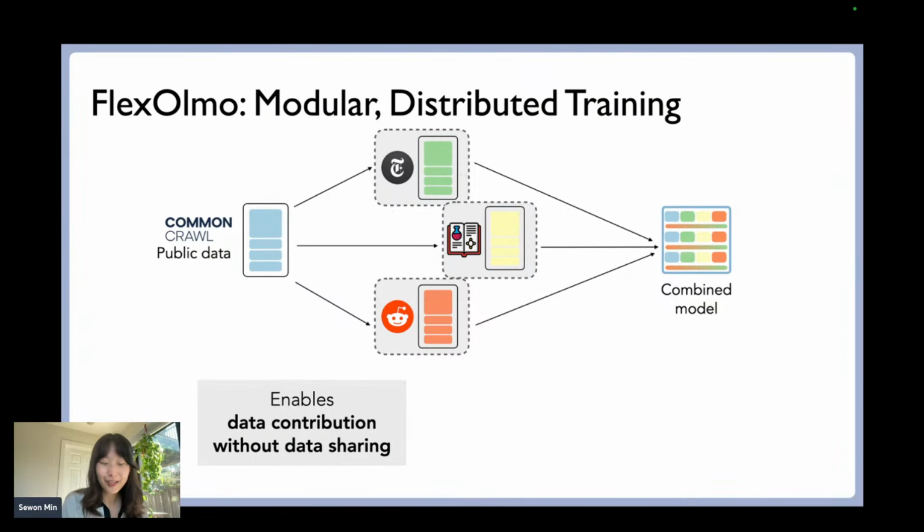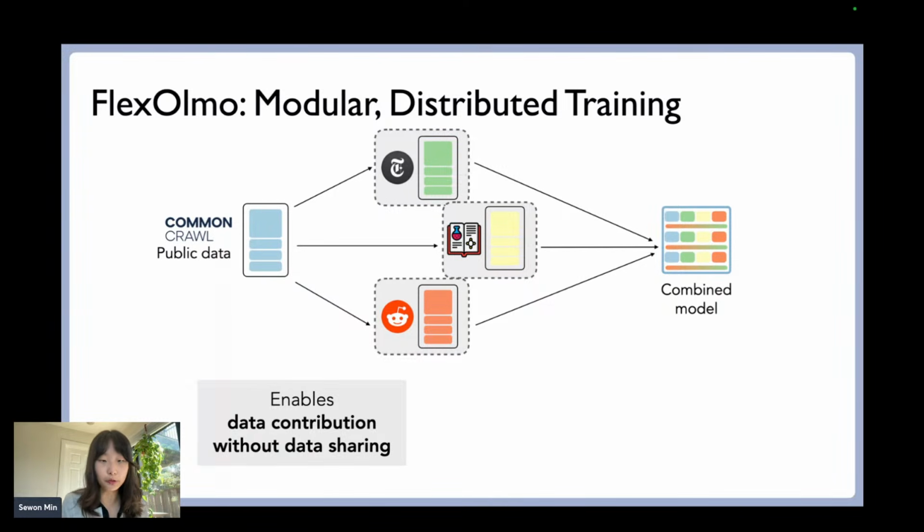Cool. So this paradigm has two unique properties. The first is, as I just mentioned, it enables data contribution without sharing the data. I think this is very important in practice because we all know data is highly valuable, and it's very difficult for data owners to publicly release it. They want to retain full control.